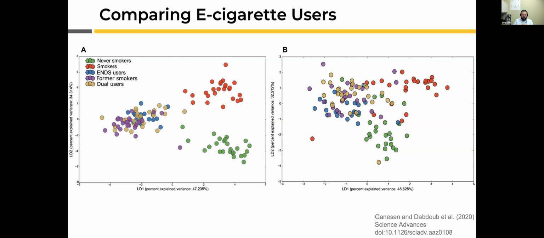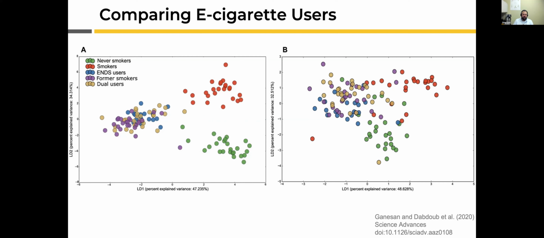This is a beta diversity metric. This is actually using a third method that I didn't mention, linear discriminant analysis, as a method of ordination. But the idea is the same: samples close together are more similar to each other in figure A in their organism counts, and figure B in their gene counts.